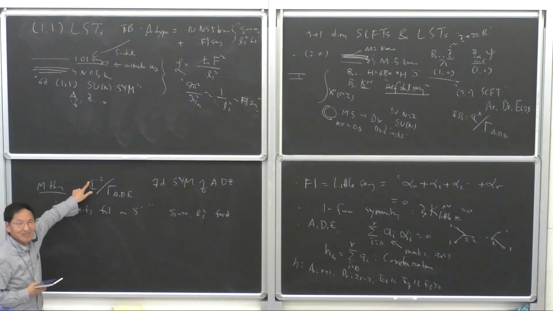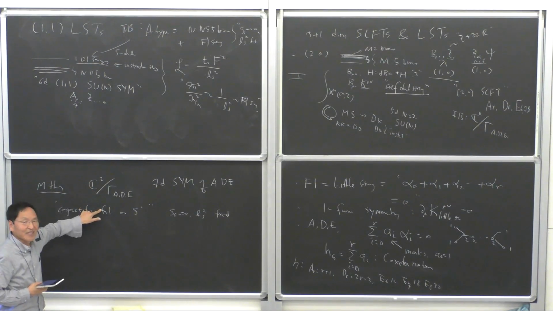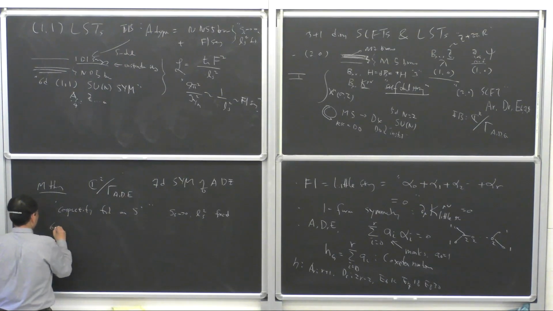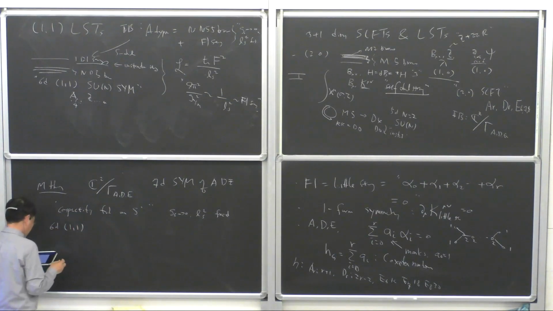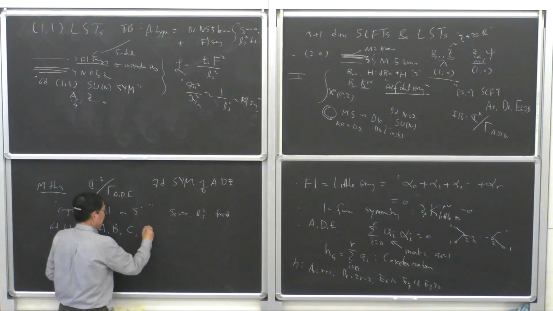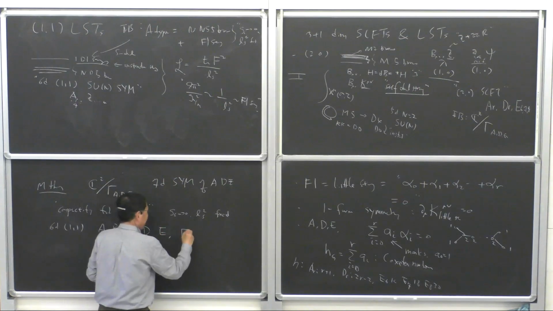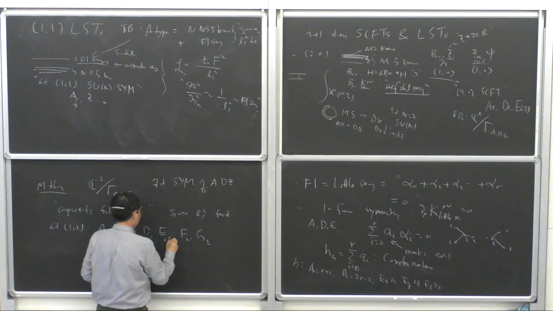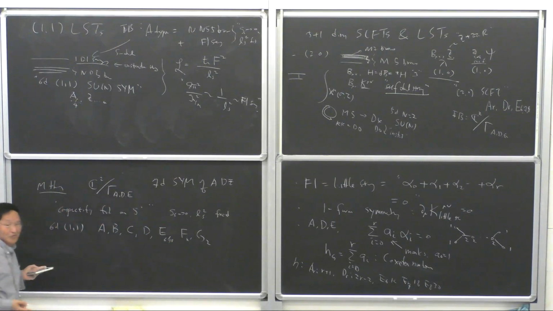Because for the 7D Yang-Mills theory, with circle compactification, we can twist the Yang-Mills theory. And then we end up with 6D 1,1 theory of A, D, E, and also C, B, F, G. We can get all the non-simply-laced groups.